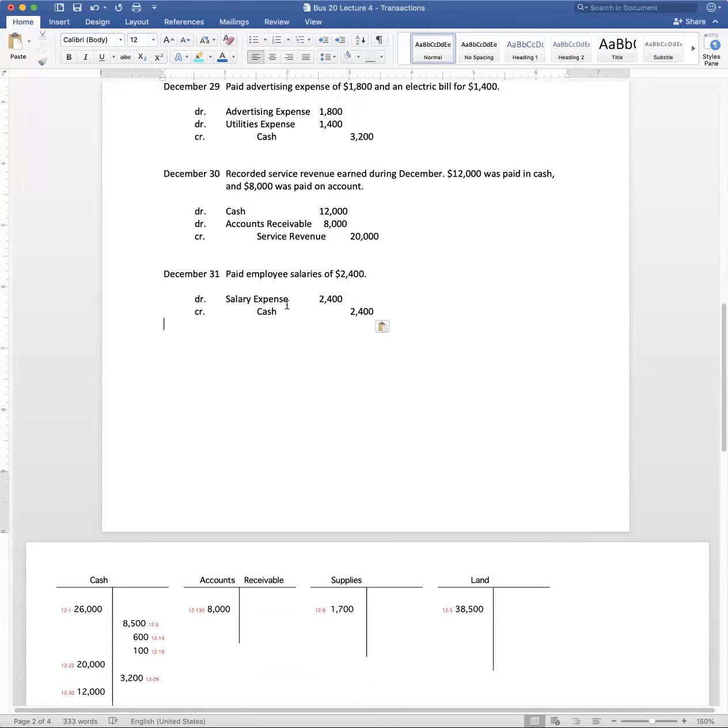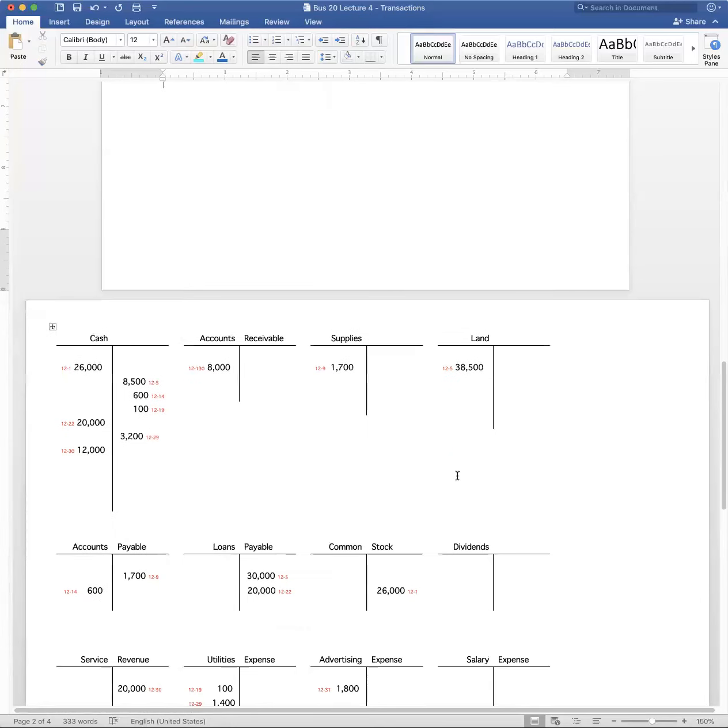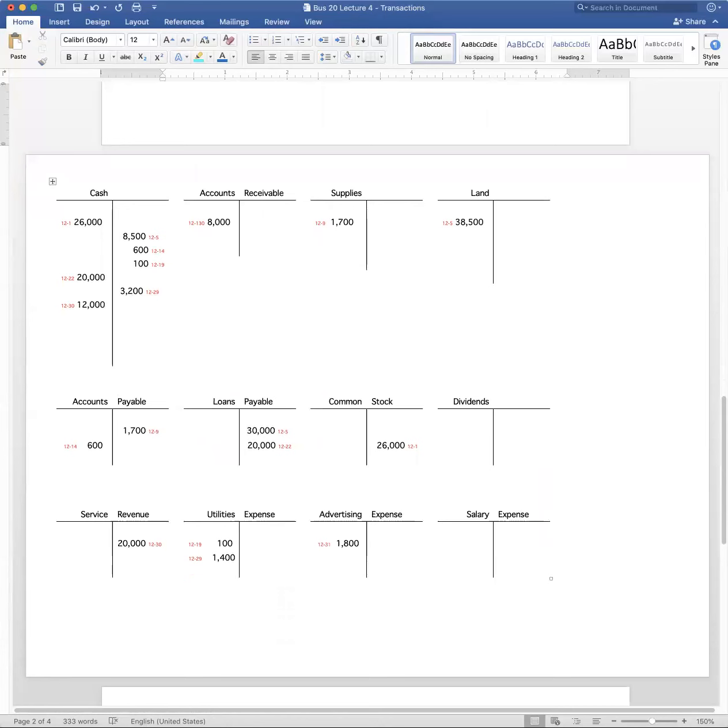So we have a debit to salary expense, $2,400, and a credit to cash, $2,400. All right, so we have that debit to salary expense. And we're going to have a credit to cash of $2,400.